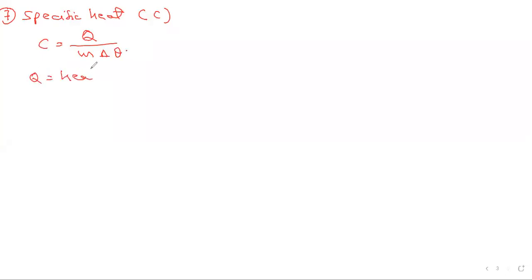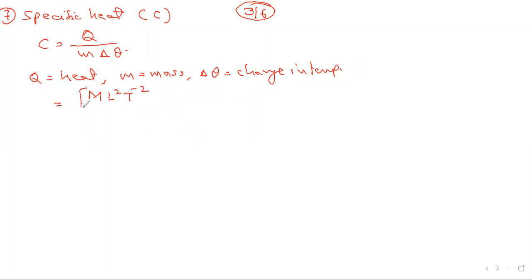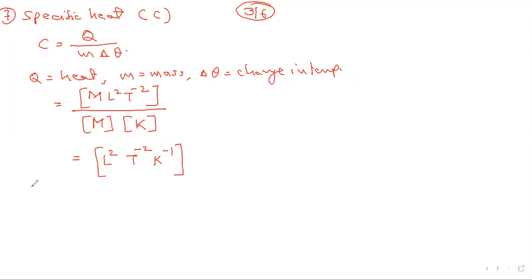Q is heat, m is mass, delta theta is change in temperature. Try to work it out. Clear? Any doubt?